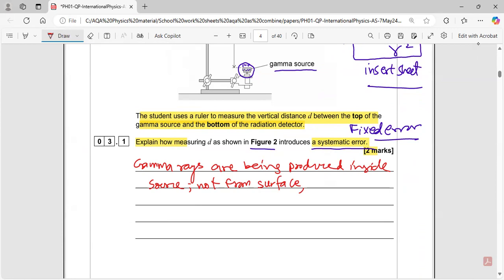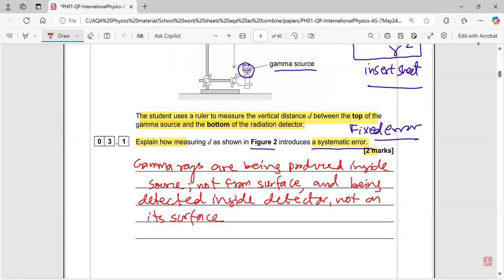Okay, and being detected inside the detector, of course, not on its surface. So that's why you are measuring distance from the surface, but they are being detected inside.